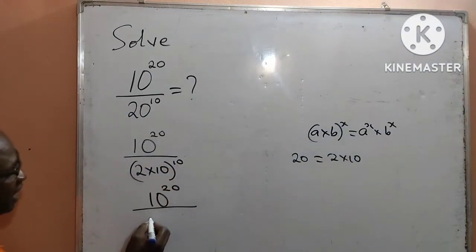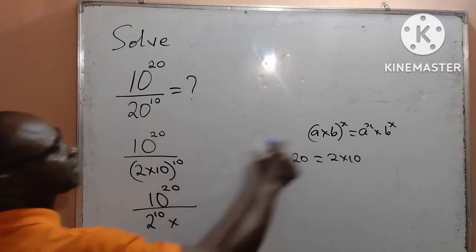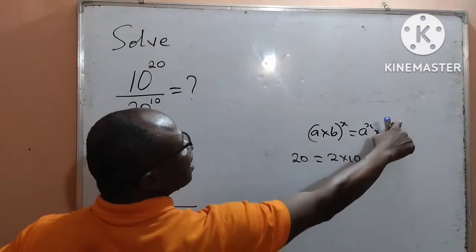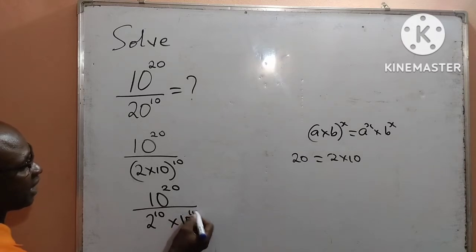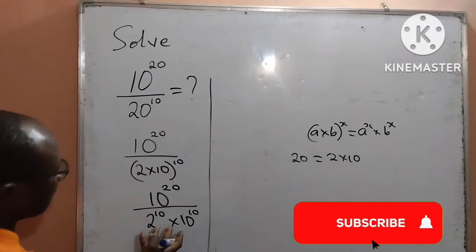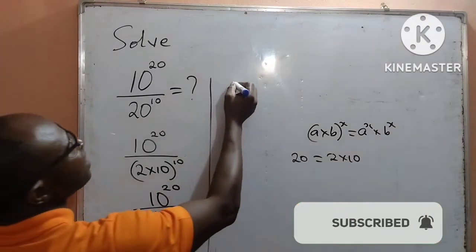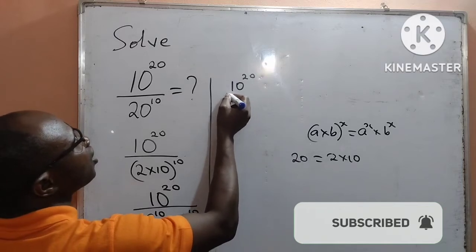So 2 to the power of 10, multiplied by 10 to the power of 10, and 10 is like my b here, to the power of x, which would now be 10 to the power of 10.